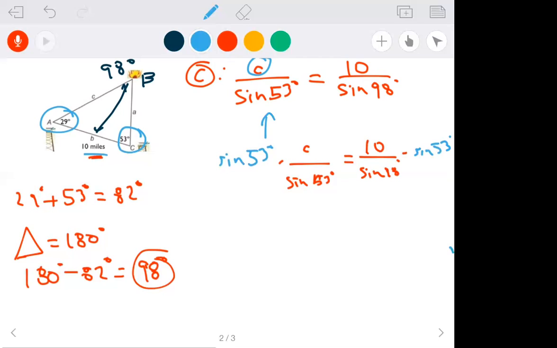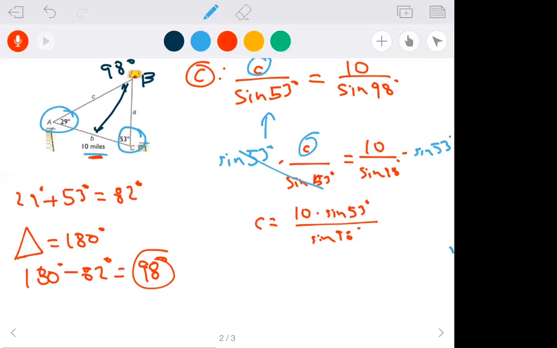We see that the sine of 53 cancels out here, and we're left with just C. So we end up with C equals 10 times the sine of 53 degrees divided by the sine of 98 degrees.